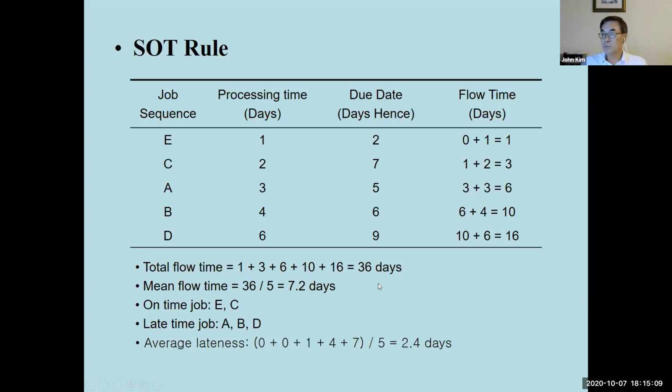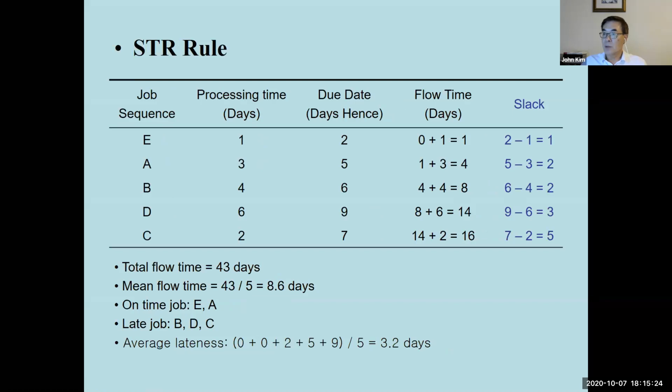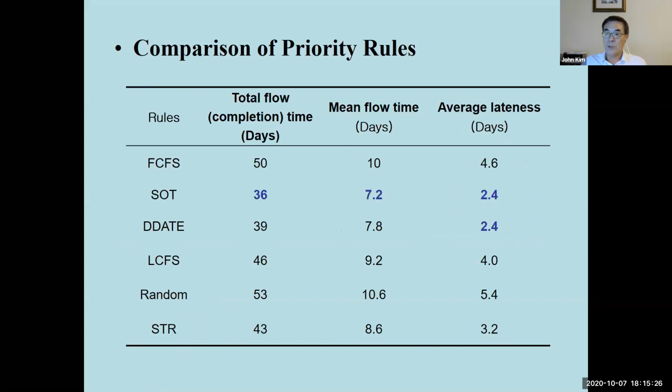So using such rules, we get total flow time and average lateness and so on. Then compare those rules. The SOT rule is the shortest, fastest sequencing rule.